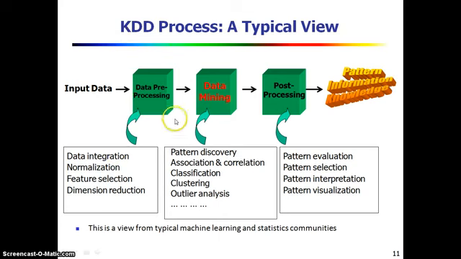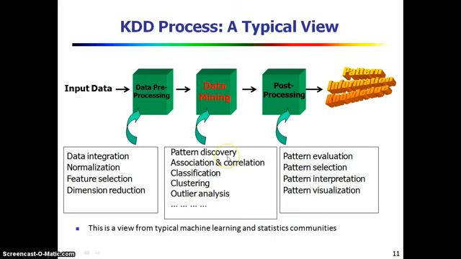Input the data, pre-process the data, mine that data, and after the mining, post-process it to get the pattern and information about that knowledge. So what is data mining? Pre-processing: that is data integration, normalization, feature selection, and dimension reduction. We will see this in detail in the next chapter.